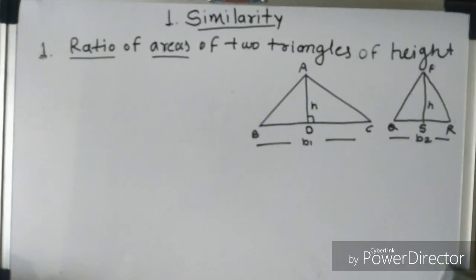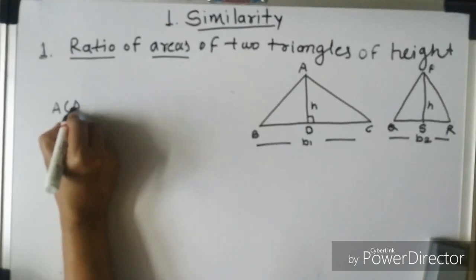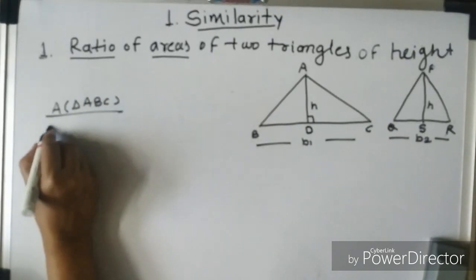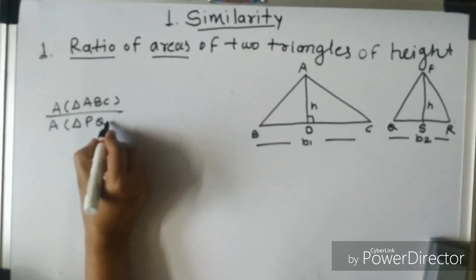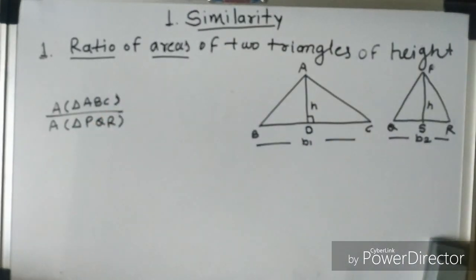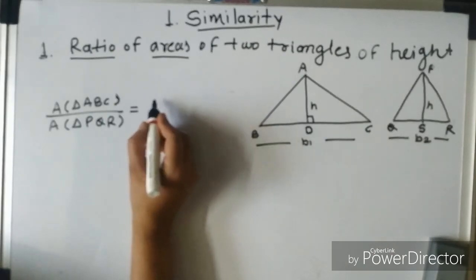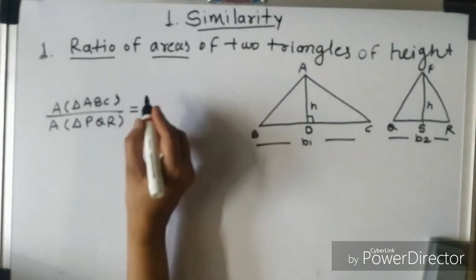So let us calculate. Area of triangle ABC divided by area of triangle PQR. Just now we studied that the ratio of areas of two triangles is equal to the ratio of the product of their bases and corresponding heights.